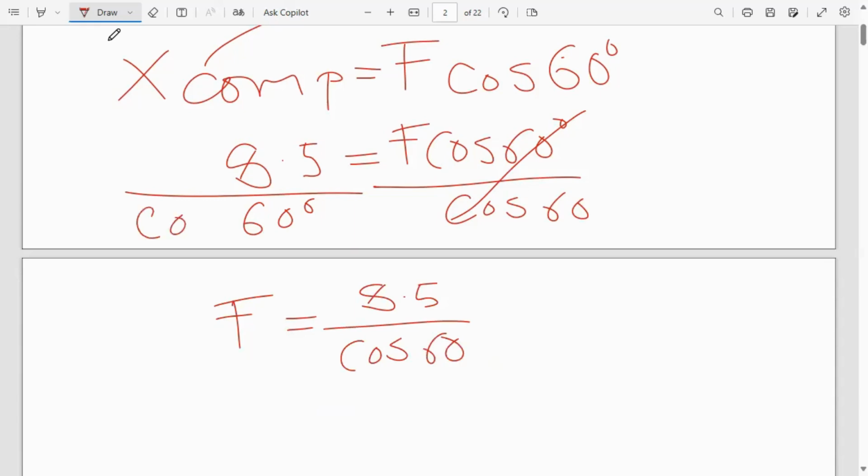So if I divide those, 8.5 divided by cos 60 degrees, I'm going to get my F being equal to, let me just punch on my calculator, 8.5 divided by cos 60.